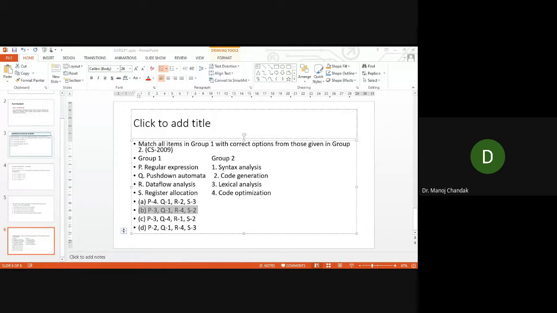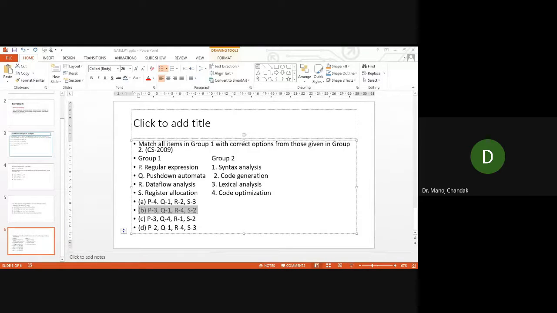Then most of the times you are required to also check whether the grammar is LL1 or not, or LL1 but not LR1, and so on. So whenever a grammar is LL1, it will be also LR1.